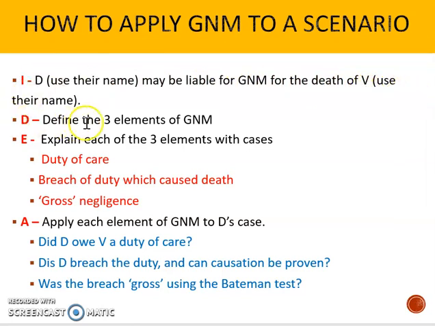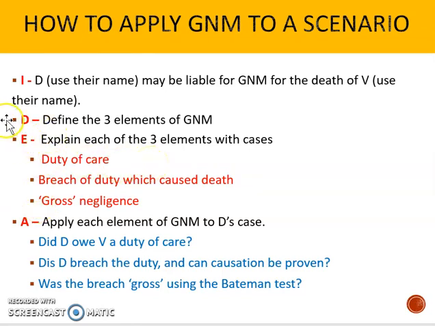For D, we define the 3 elements of GNM from Adomako: duty of care, breach causing death, and the negligence was gross. And then for our E, or explain, you are going to explain each of those 3 requirements with all of the cases.